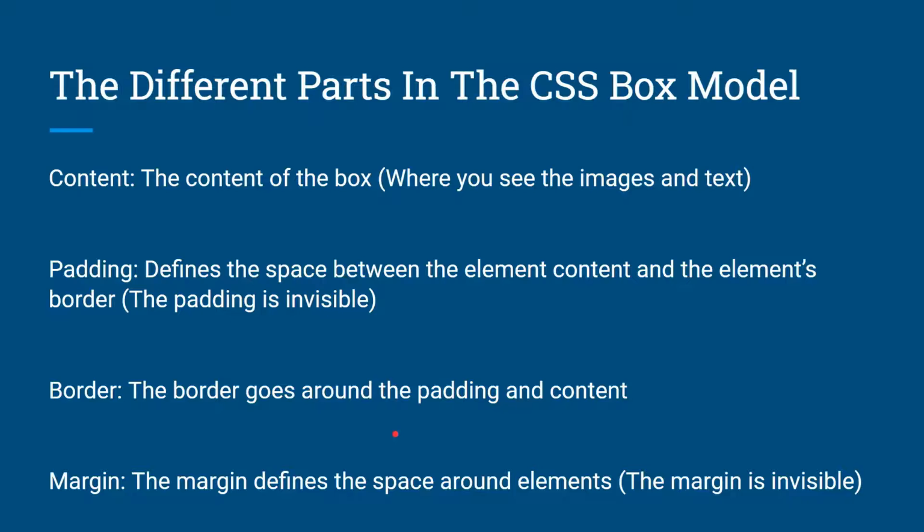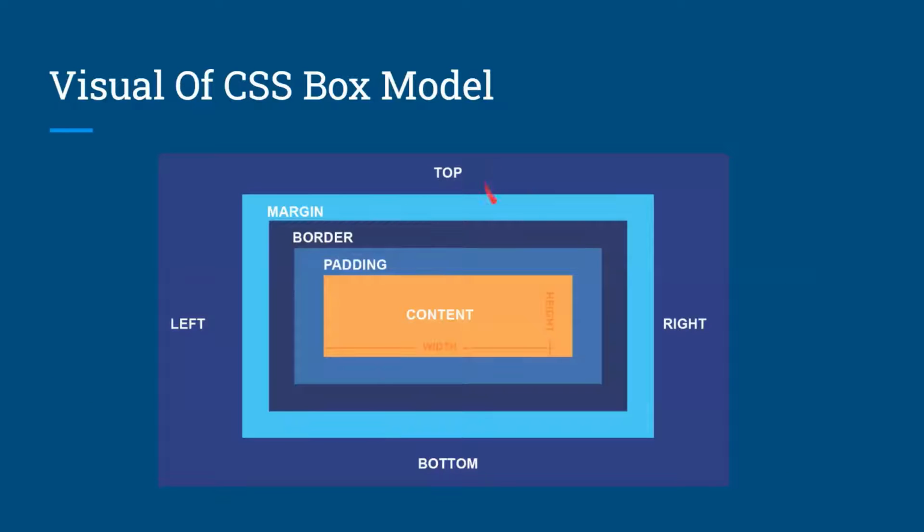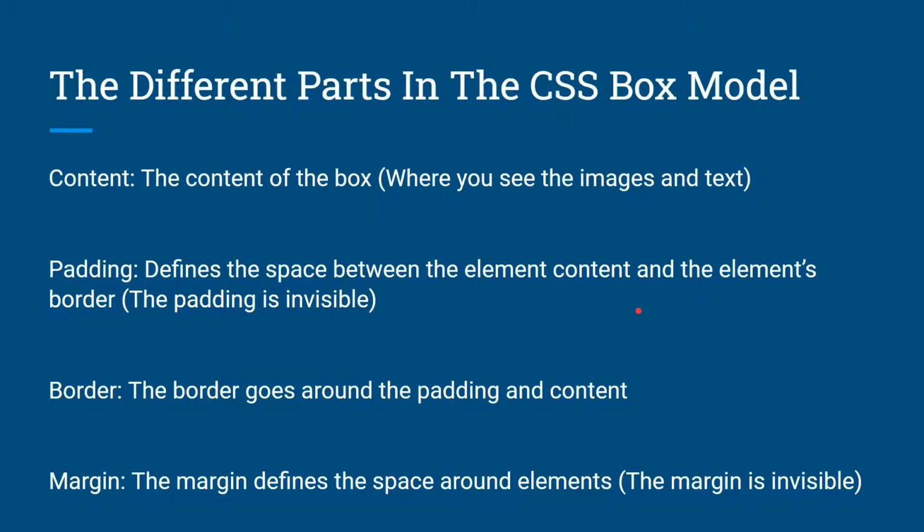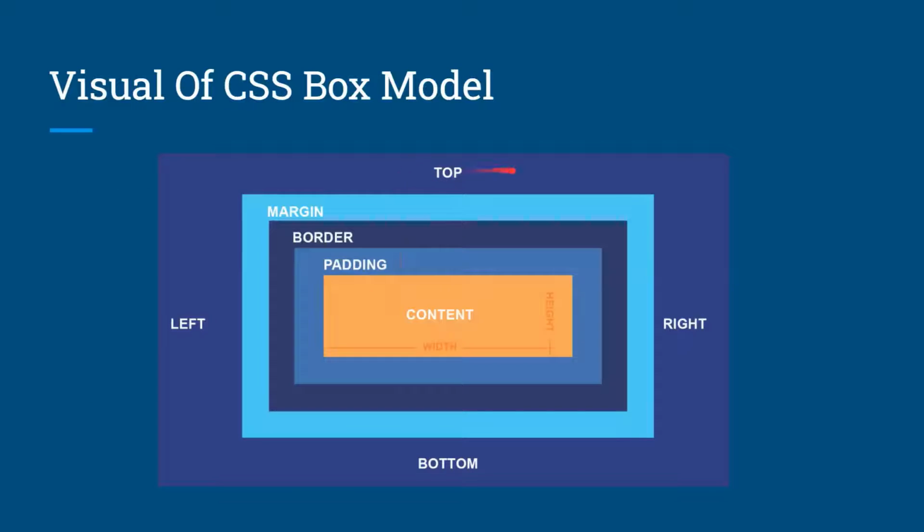Then our border, it goes around the padding and the content. Again, this is something you see. It's just a little line or whatever design you choose. Then we have finally the margin. This defines the space around elements. So for example, even though our border is right here, when you add your margin, nothing can go in that space.